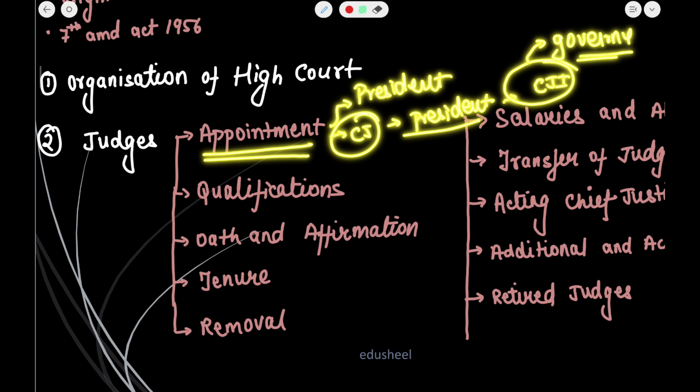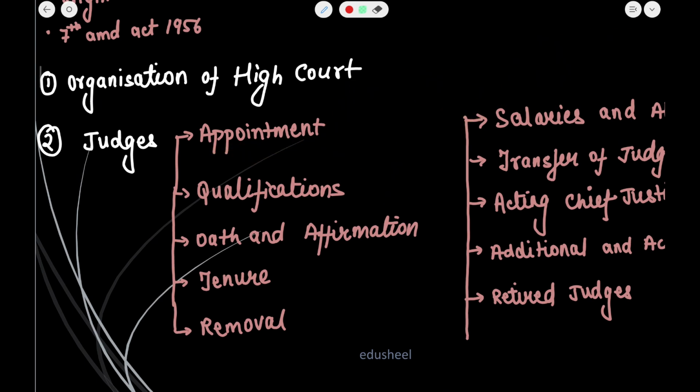The other judges of the High Court are appointed by the President by consulting the Chief Justice of the High Court.